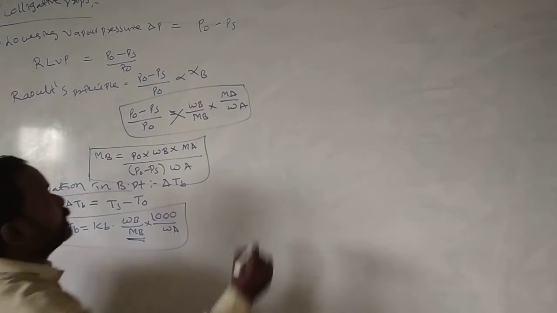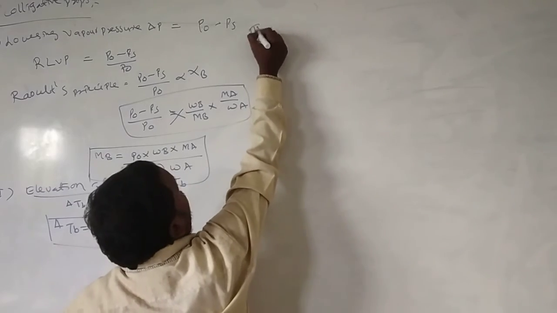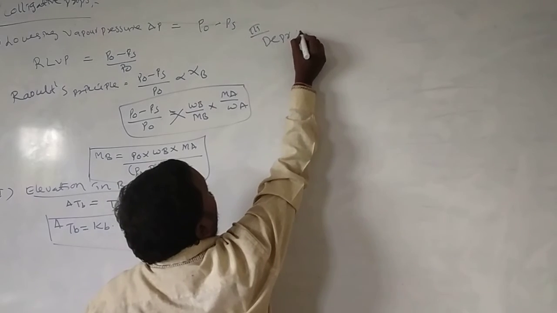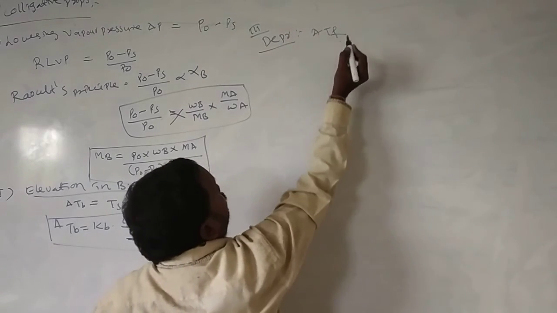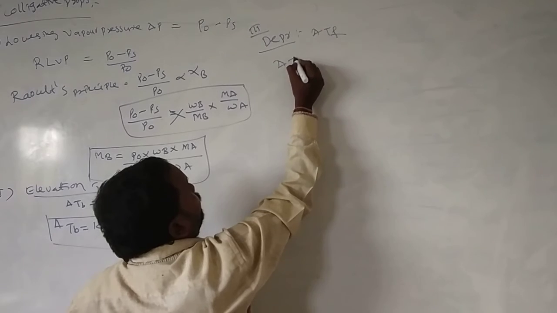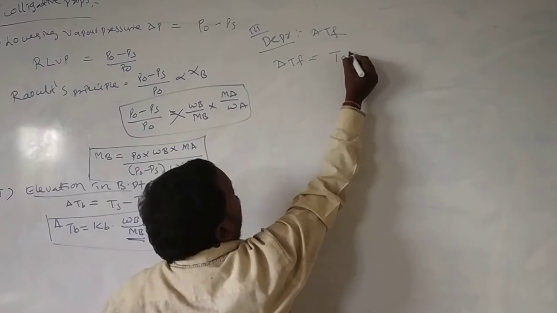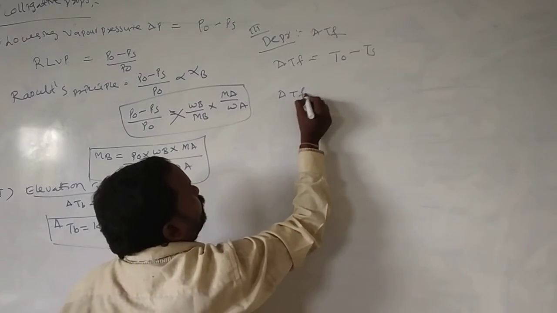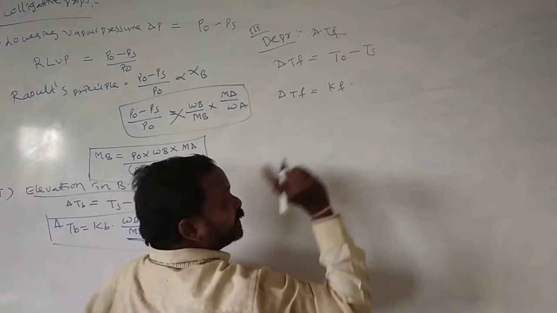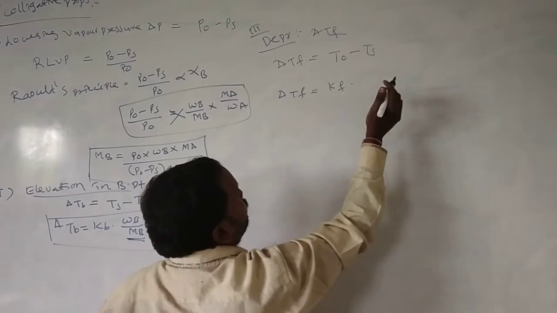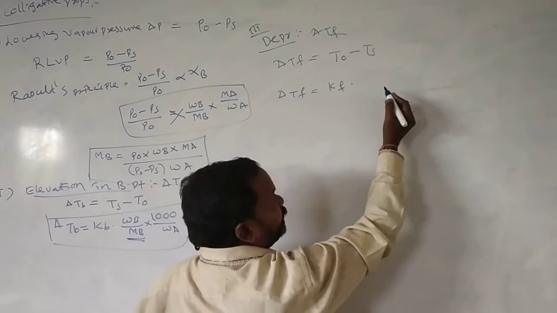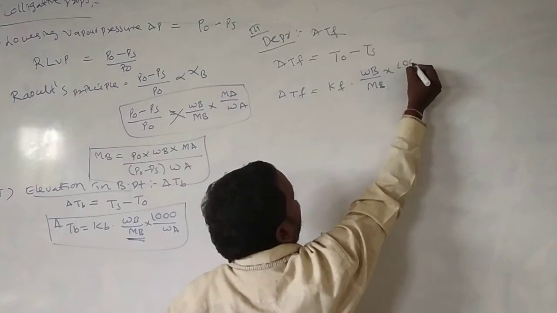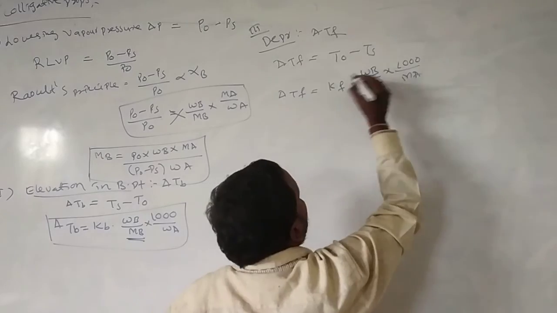Next, depression in freezing point, which we just saw. Delta TF is equal to T0 minus TS. Delta TF is equal to KF, the molar depression in freezing point constant, into WB by MB into 1000 by MA.